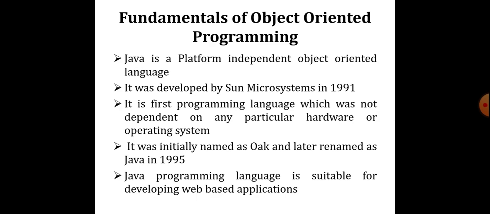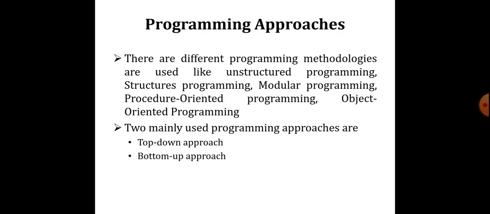Java programming language is suitable for developing web applications. Programming languages use different programming methodologies like unstructured programming, structured programming, modular programming, procedure-oriented programming, and object-oriented programming. All these methodologies are mainly categorized into two: the top-down approach and the bottom-up approach.